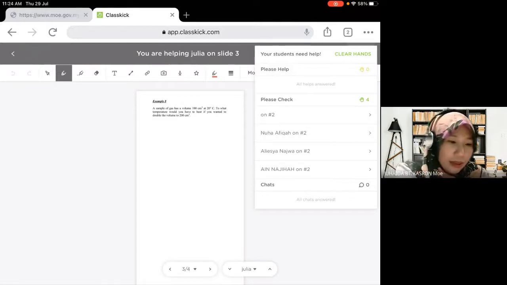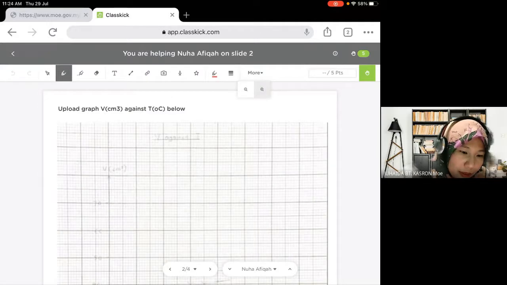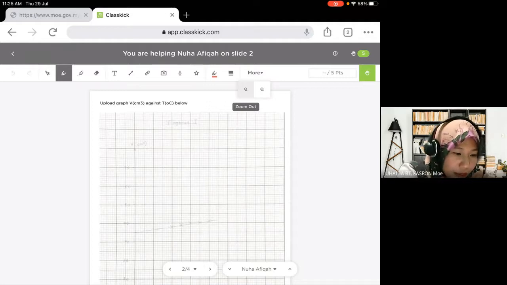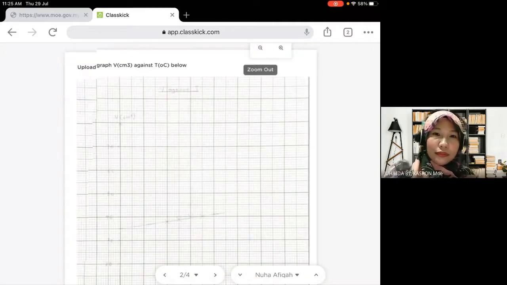Okay, Nuha has done her graph. I cannot see clearly, so I need to make it bigger. Nuha, Afika.